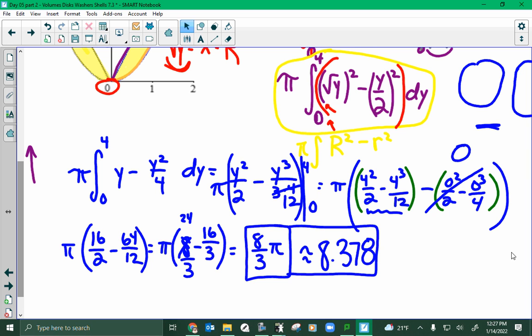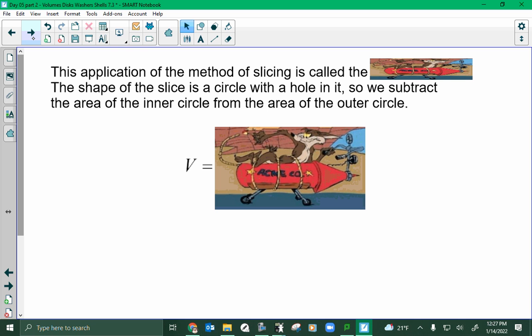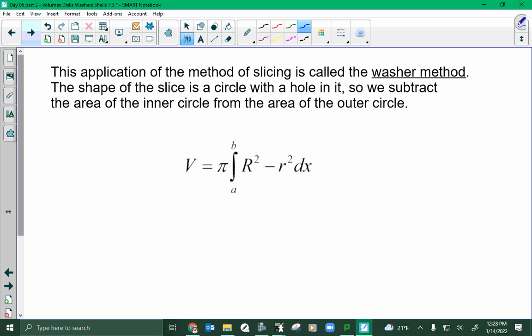Okay. So, in a nutshell, this application of the method of slicing is called the washer method. The shape of the slice is a circle with a hole in it. So we subtract the area of the inner circle from the area of the outer circle. And how do we find the areas of these inner and outer circles?